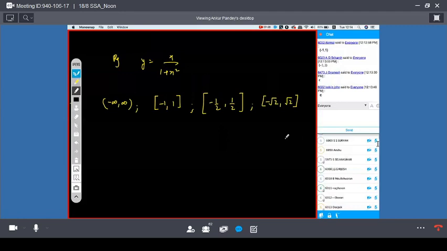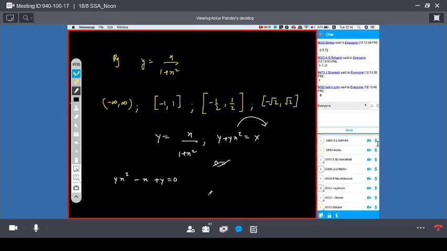Chalo. You guys are just answering, but you know what the method is, right or not? Bring everything here: yx square minus x plus y equal to 0, right or not?